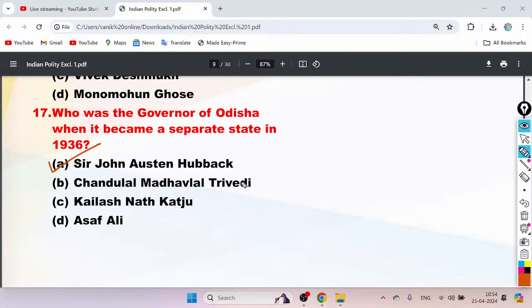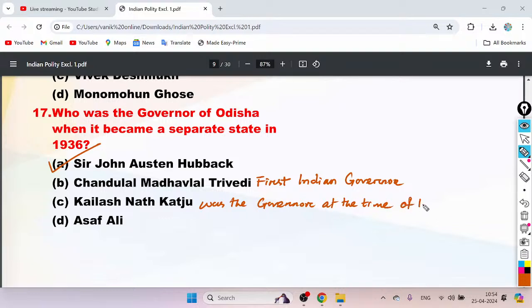Chandulal Madhavlal Trivedi was the first Indian governor, and he was governor at the time of independence of India. Okay, boys. So answer will be A.